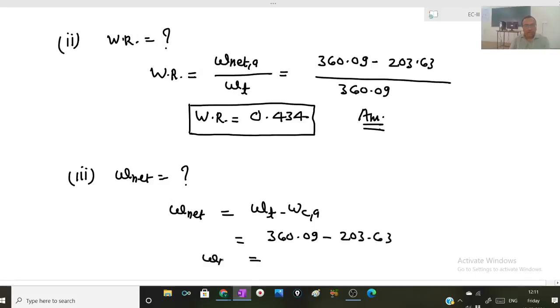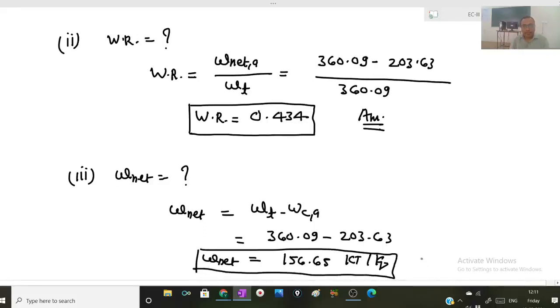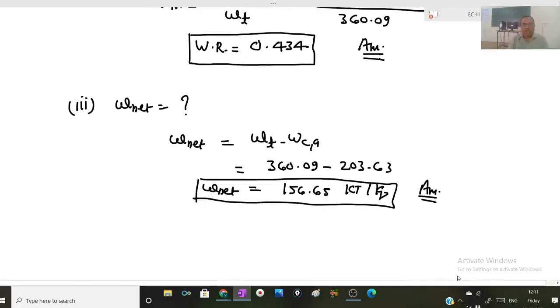So W net comes out 156.65 kilojoule per kg. Answer. So this way you can solve numericals.